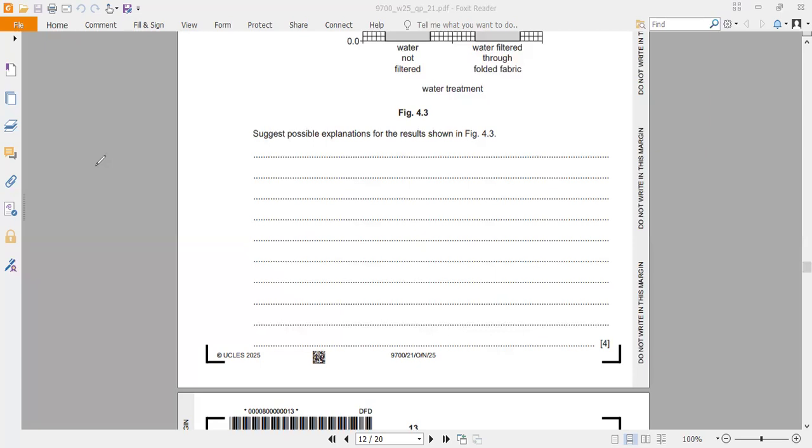So the graph shows that cases were halved but not eliminated. They were almost halved. So it means some free-living Vibrio cholerae bacteria are small enough to pass directly through the fabric layers. The fabric might become saturated with pathogens over time, or users might accidentally touch the clean side of the cloth with contaminated hands.